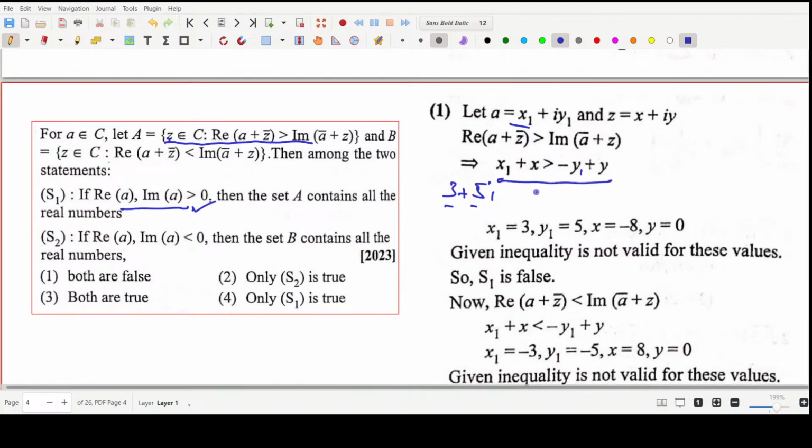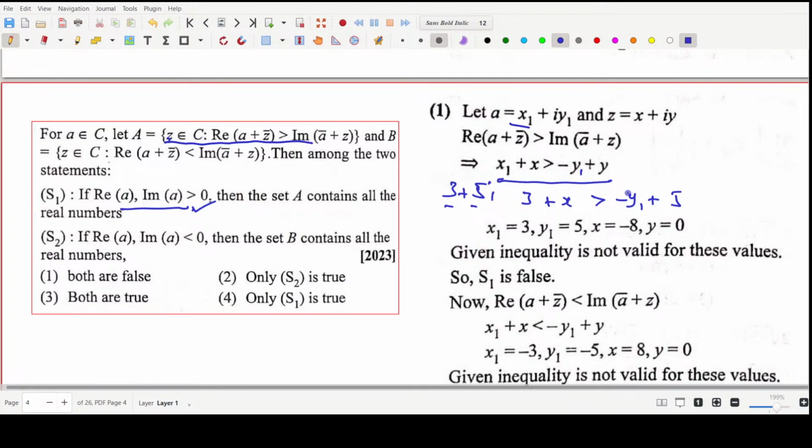All real numbers should satisfy this relation, right? That means 3 plus x should be greater than minus y1 plus 5, right?